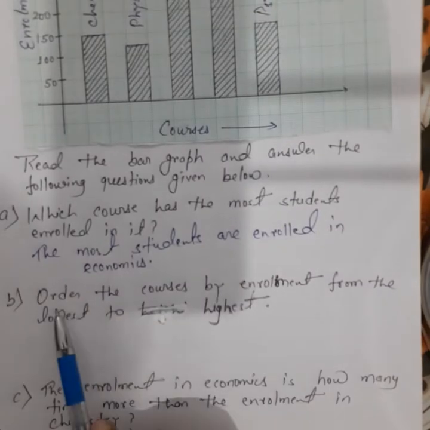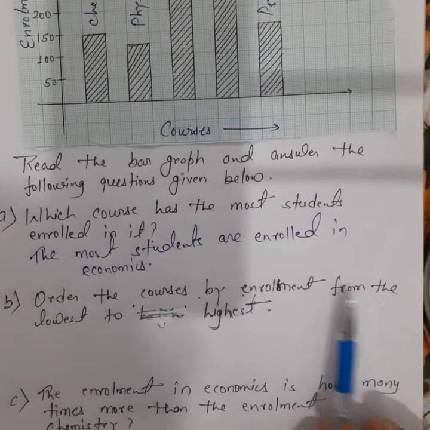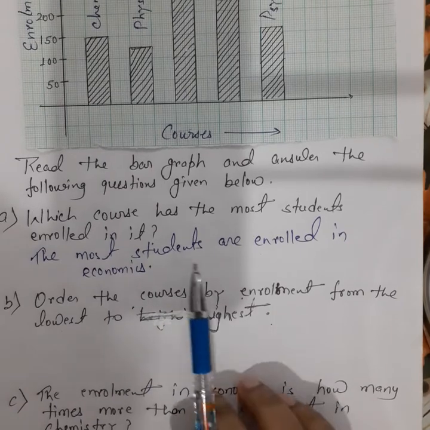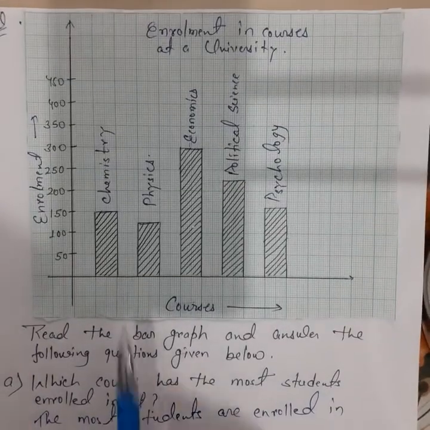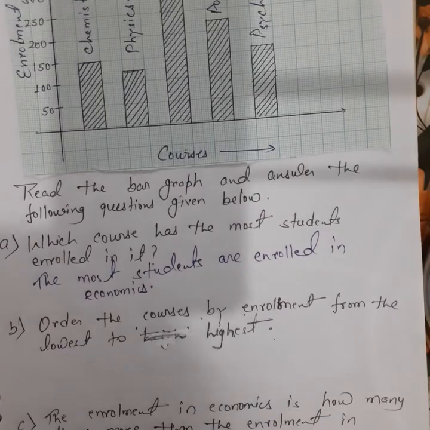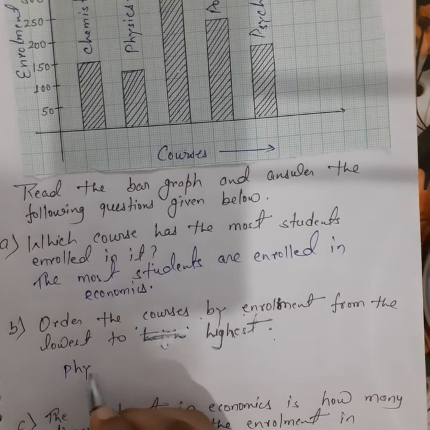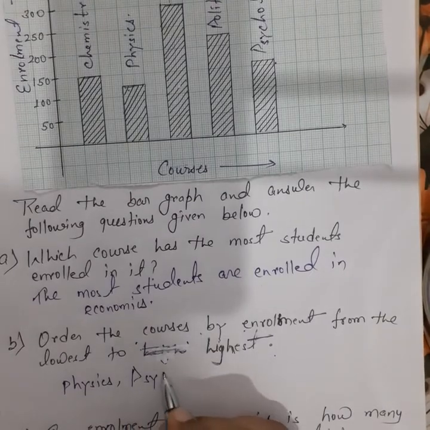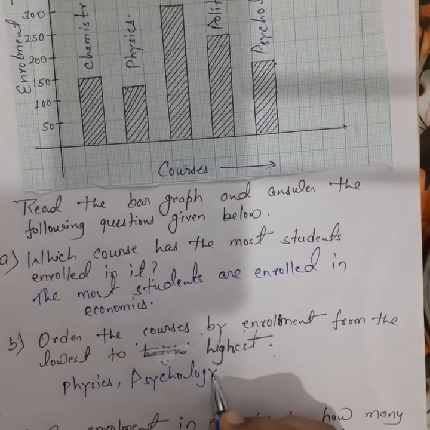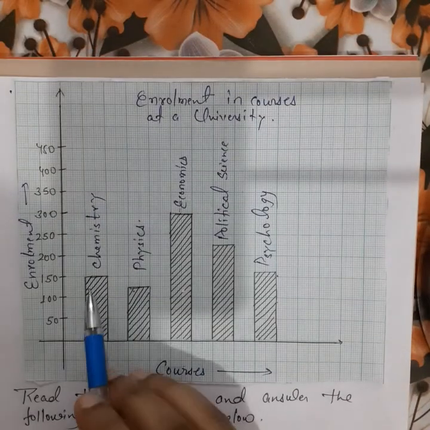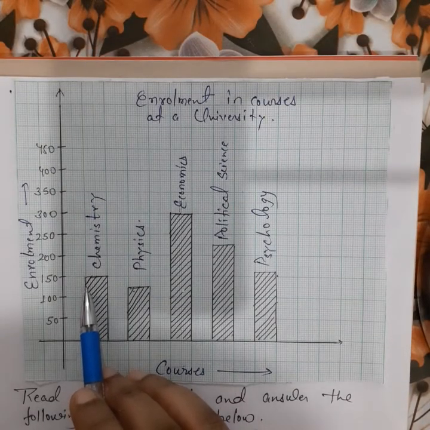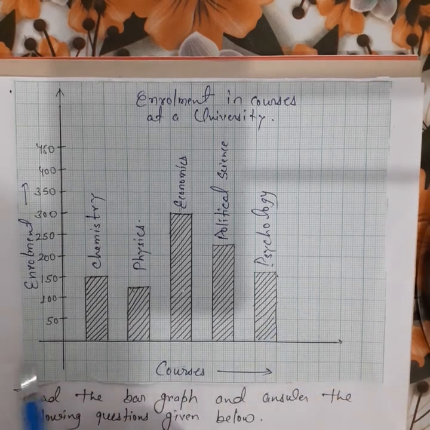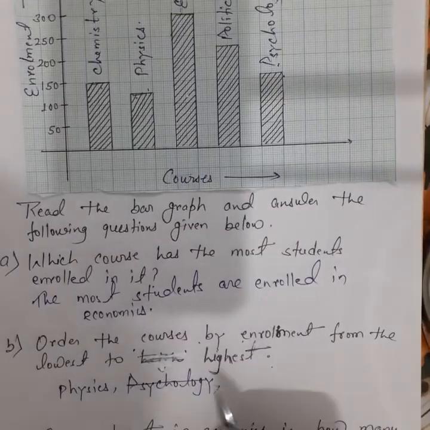Next is, order the courses by enrollment from the lowest to highest. Which has the lowest enrollment? Physics. So first we write physics. After physics, the subject that comes is chemistry.